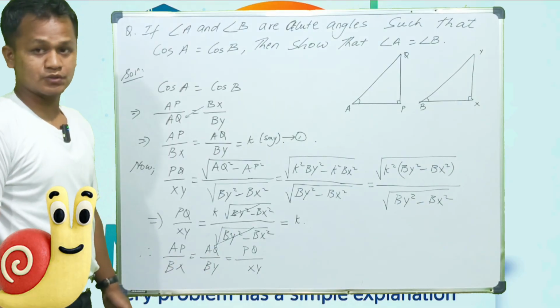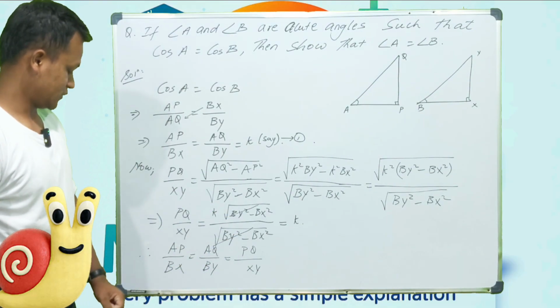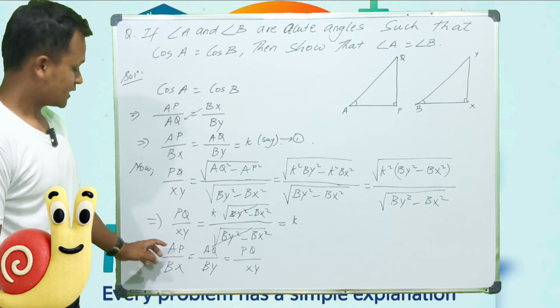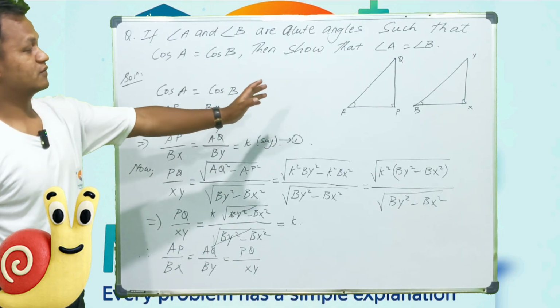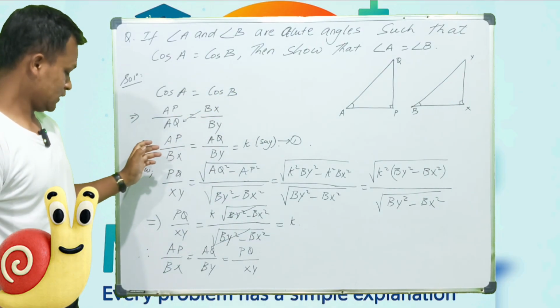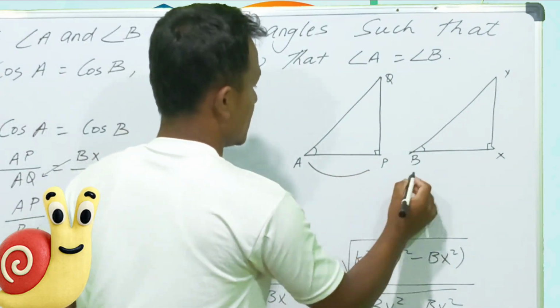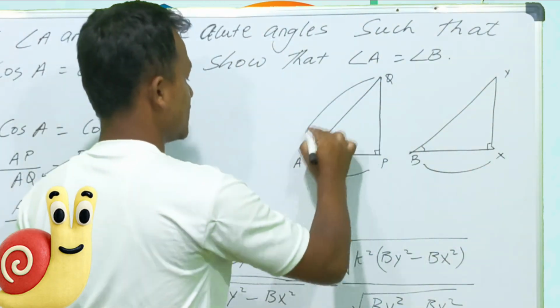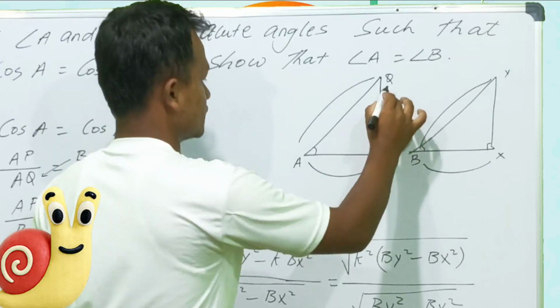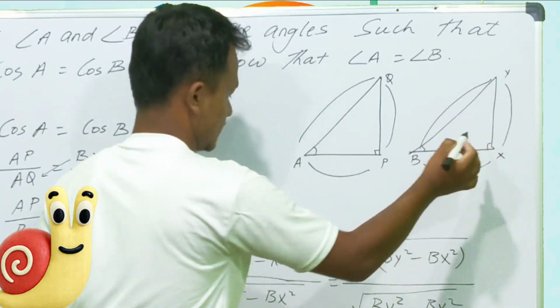Since all these three ratios are equal to K, we can write in this way. And if you write in this way, you'll see that the sides of these two right angle triangles are proportional.